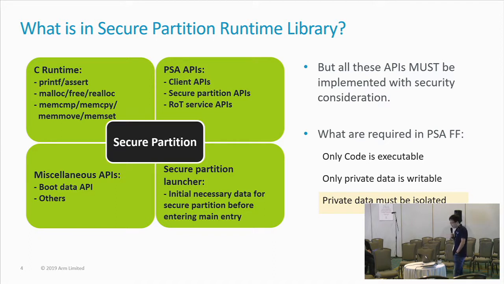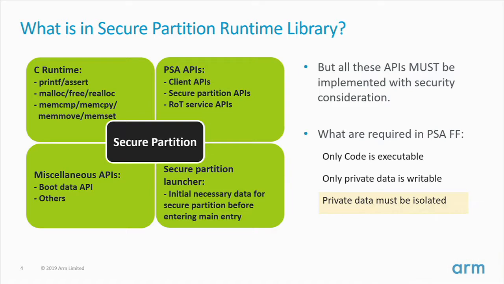First, only code is executable. Secondly, only private data is readable. And the last and important one is that private data must be excluded. So I will describe what we can do to make the secure partition runtime library comply with those requirements.